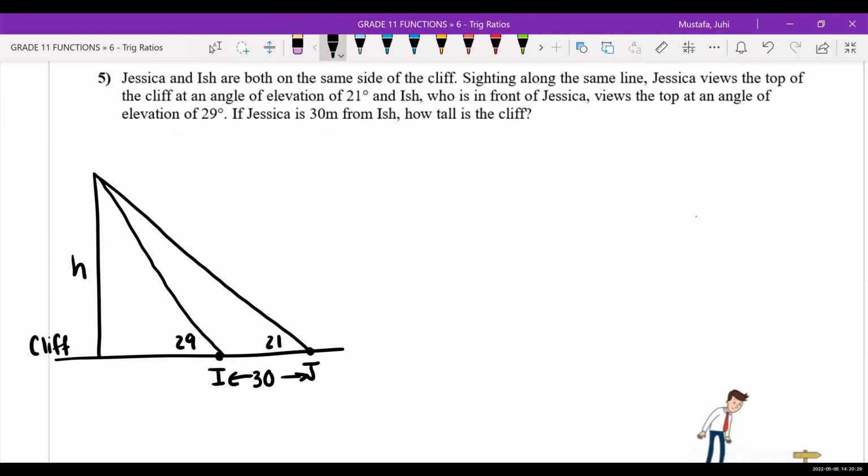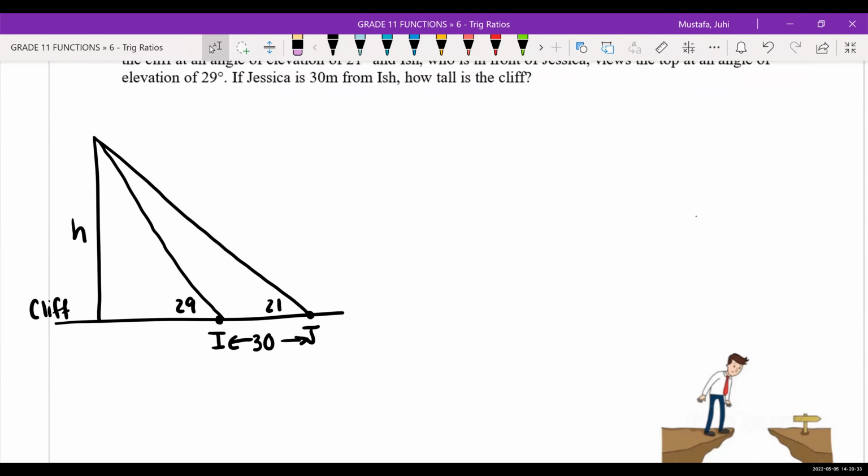Now that we've done question 4, this question becomes a little bit easier because we're going to introduce 2 variables. We're going to call one of them X, the distance from Ish to the cliff, and the other one Y, the distance of Jessica from the cliff.